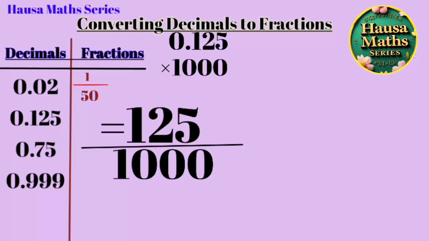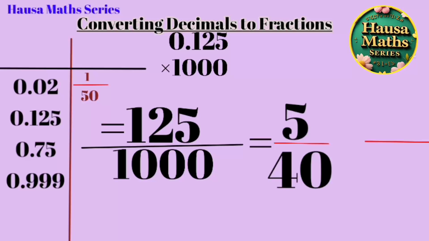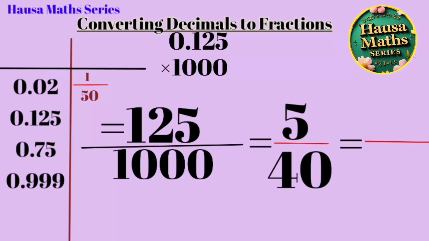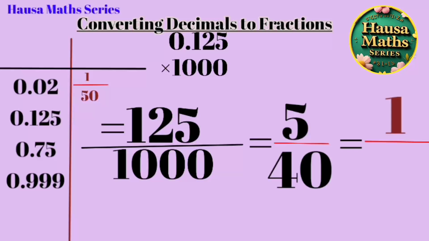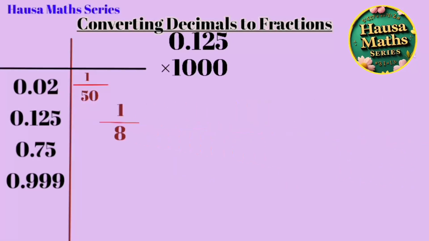So 25 can go in 125 5 times, and 25 can go in 1000 40 times. Then 5 can go in 5 and 5 can go in 40. So 5 in 5 is 1 time, and 5 in 40 is 8 times. Therefore, 0.125 is exactly 1/8.